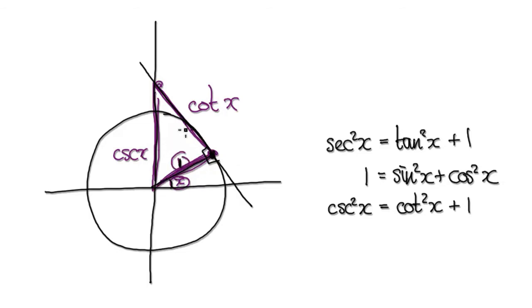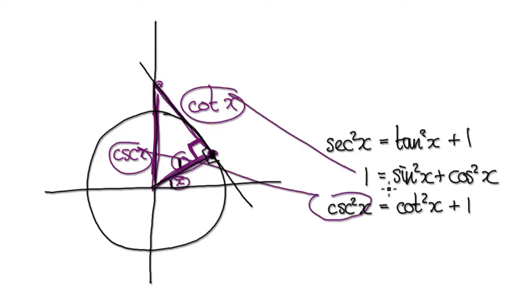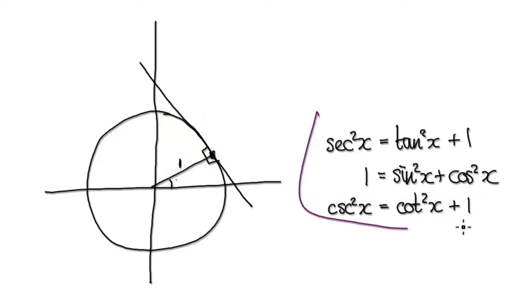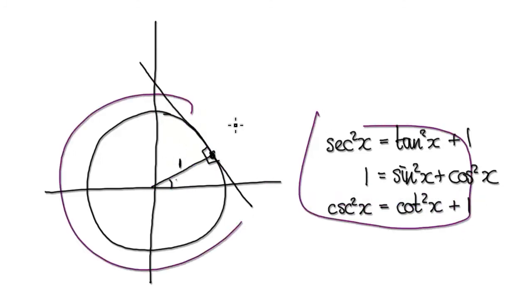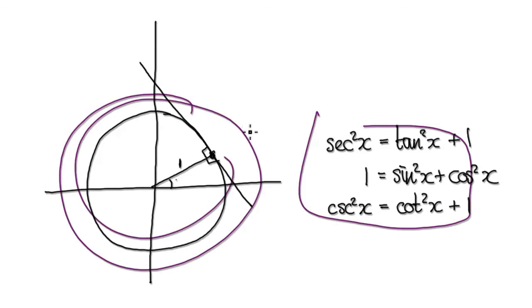Don't forget this is 90 degrees here. I will explain why in the next video, but if you use Pythagoras, this is your longest length here, so you can apply Pythagoras again. This is this bit here, and the radius is of length 1. So all these identities come from this circle here, which I will explain in the next video.